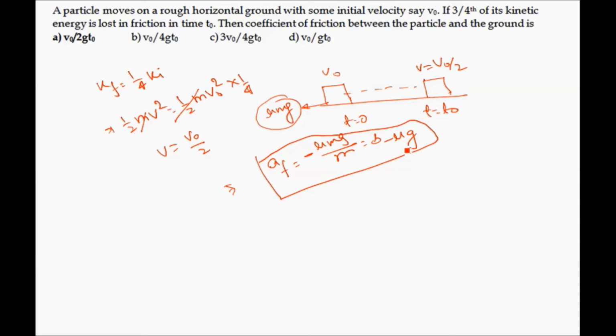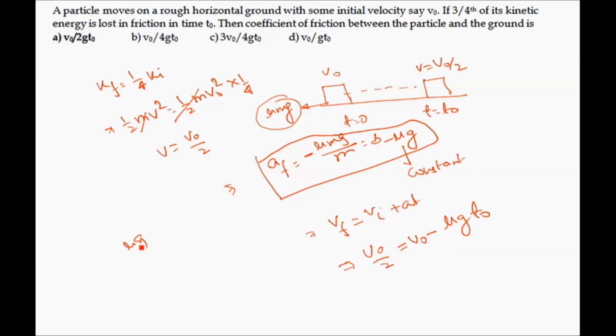And as it is constant, we just apply the equation of kinematics in this case. The equation of kinematics says that final velocity is equal to initial velocity plus at, acceleration into time t. So final velocity is equal to v0 by 2, and it's equal to v0 minus mu g into t0, because the whole process has finished in this time t0.